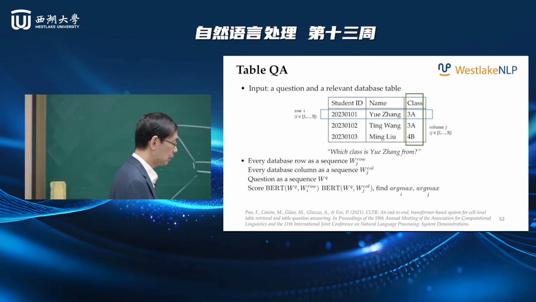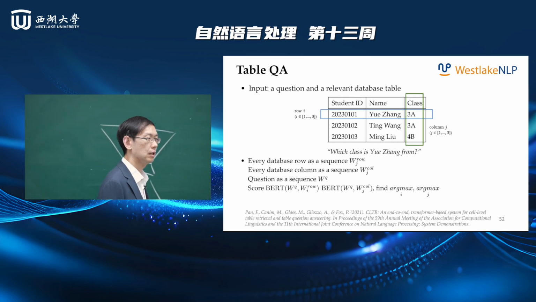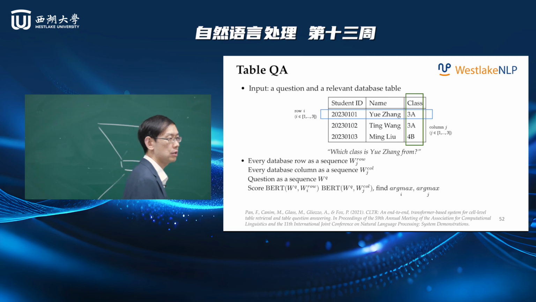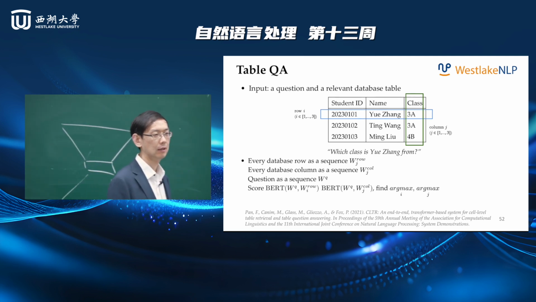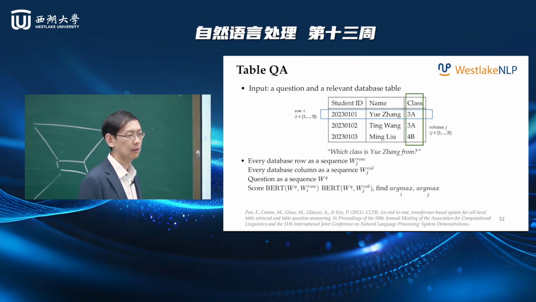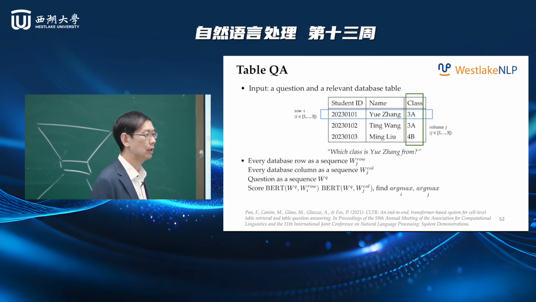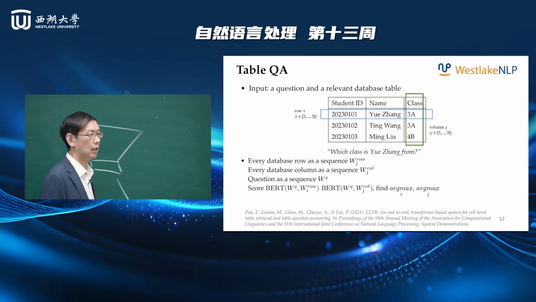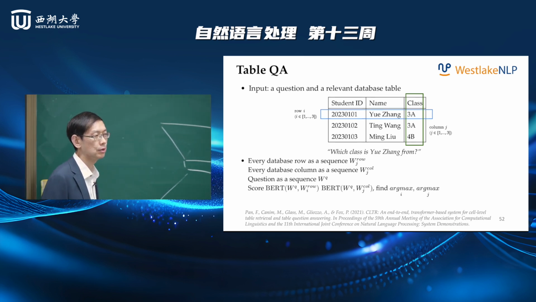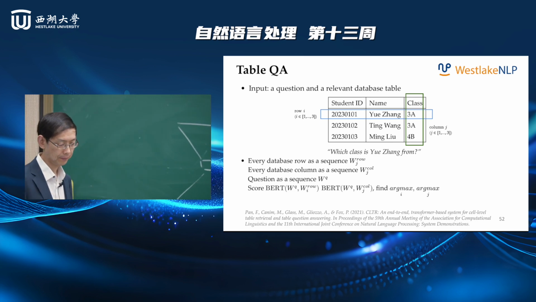When you do the task, you have many different solutions. One thing is you first do the question to SQL task, semantic parsing. So change the question into SQL and feed the SQL into the database, you get the class. But here, we want to use BERT to solve the task. How do we do that?